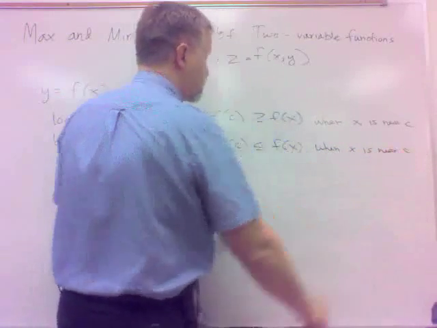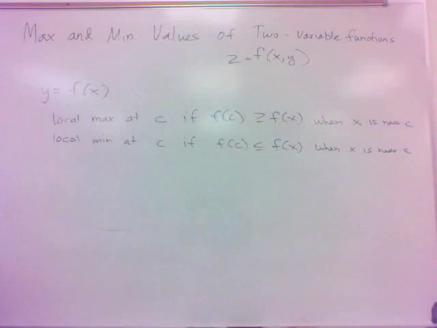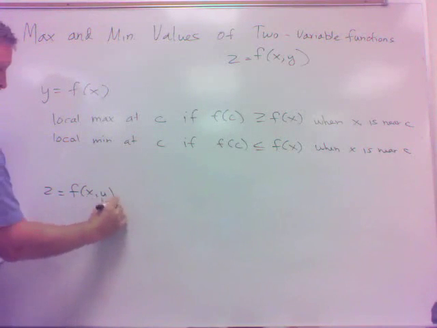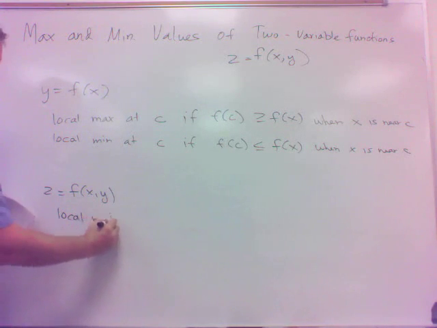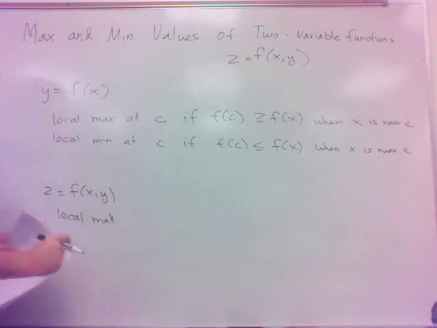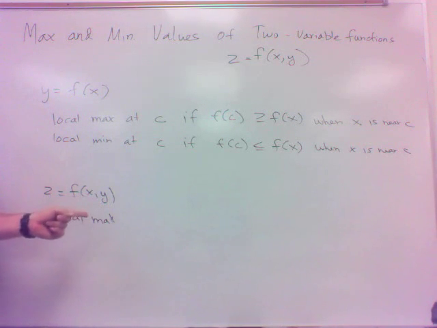Well, when you do two variables, z equals f of x, y, it's very analogous. You have a local max at, now, the thing is, you're not just talking about a particular x value, you're talking about an x, y point, right?